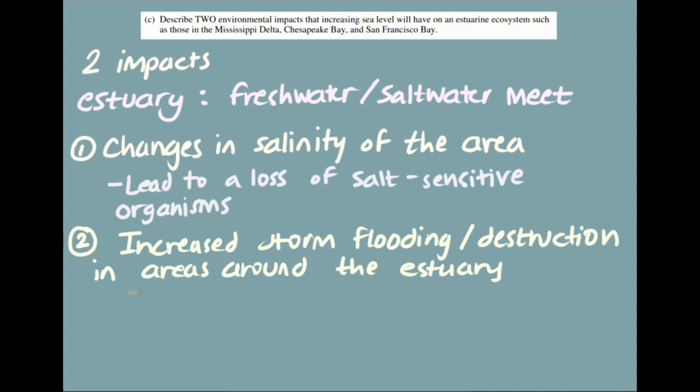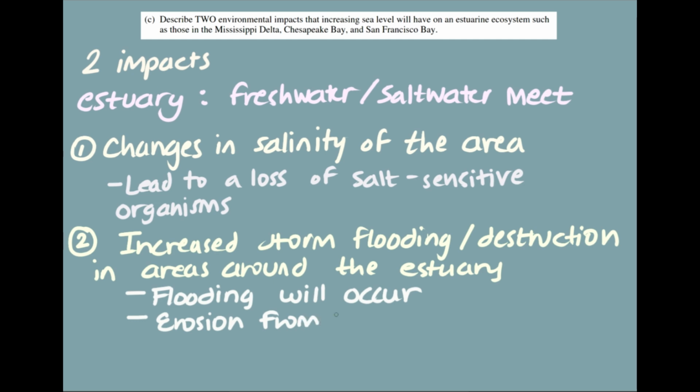We said estuaries, they do in fact absorb excess water. So if we don't have that, then flooding will occur. Additionally, erosion just from the lack of barrier from the estuary.